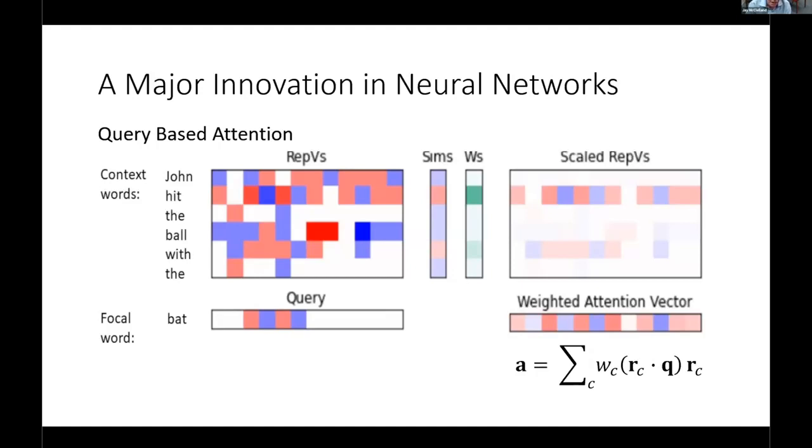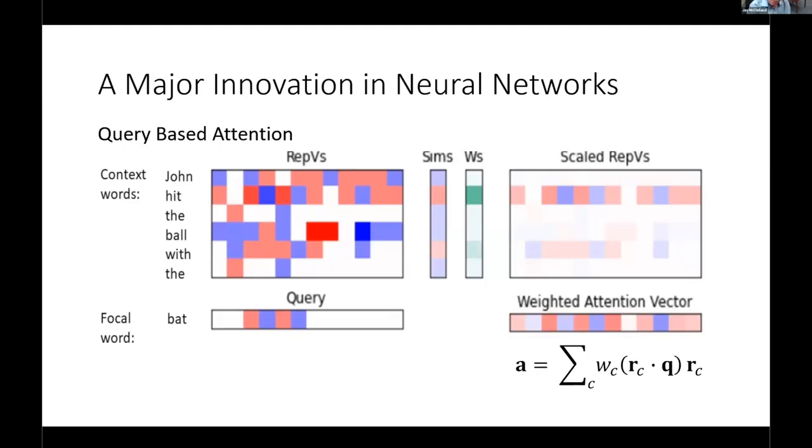To me, this is a major innovation in neural networks. And of course, it does lie at the heart of the success of models like GPT-4 in actually being able to perform the way they do. So essentially, the big innovation is this.